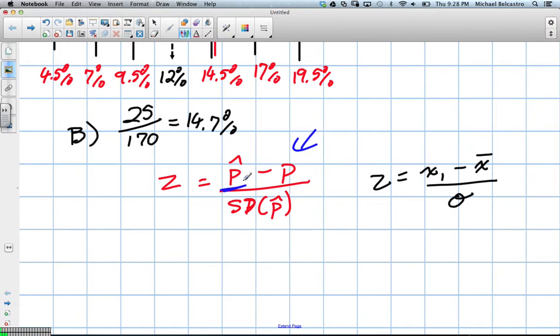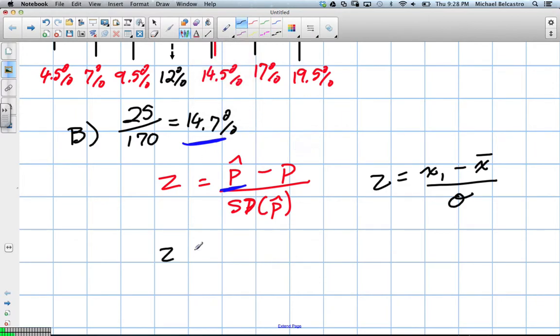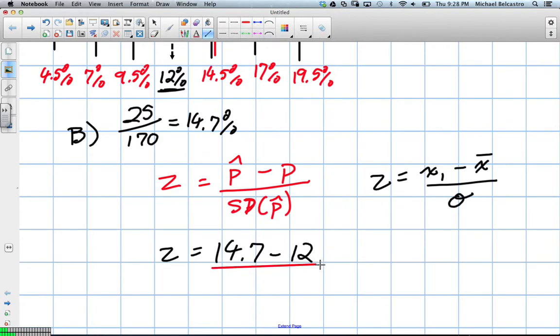So this proportion hat here is 14.7. Our z-score is 14.7 subtract p, the average proportion, which was our 12, and we divide by the standard deviation, which in this case was 2.5%.